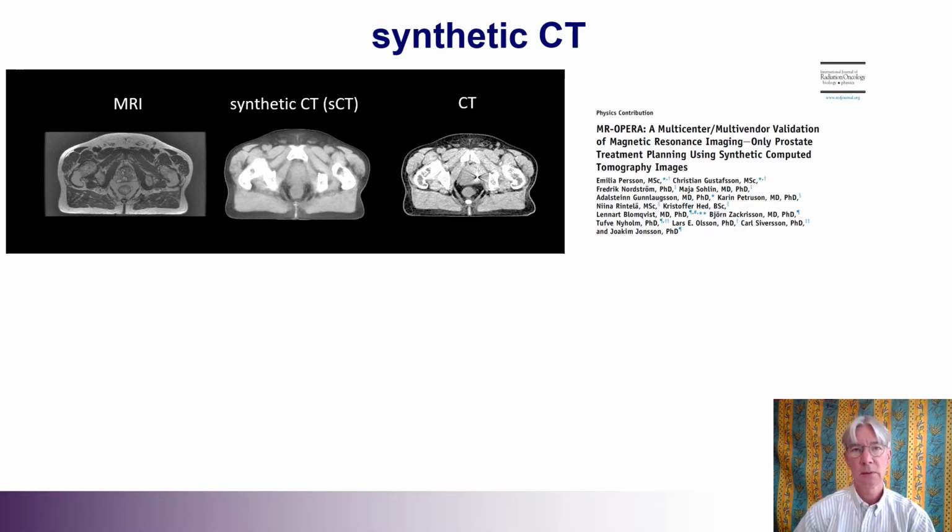The principle of synthetic CT is that you use MRI images to produce synthetic CT. In this case, there is a CT of the same patient for comparison. A few years back, we did a large multi-center study with more than 100 patients to validate the MRI Planner software.